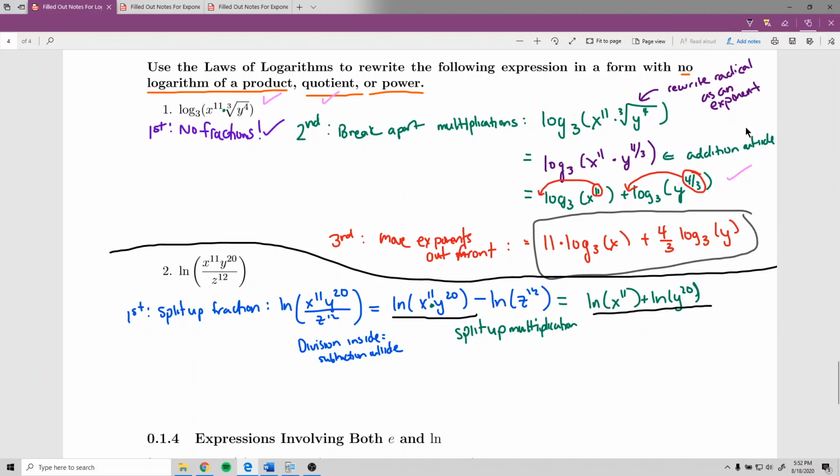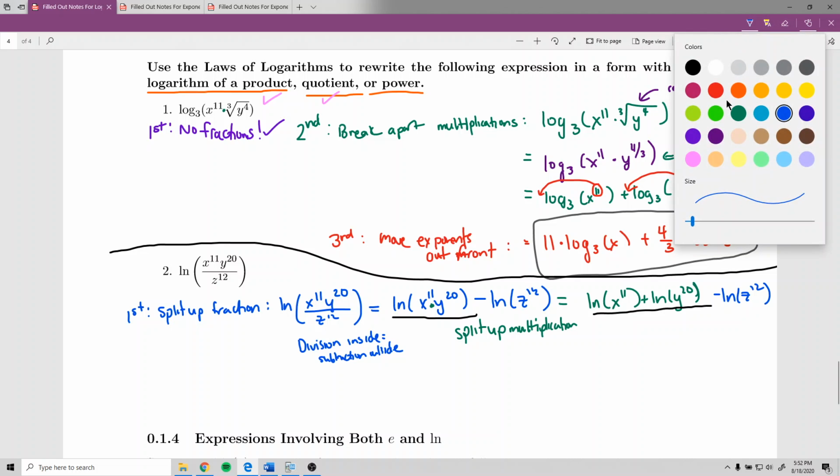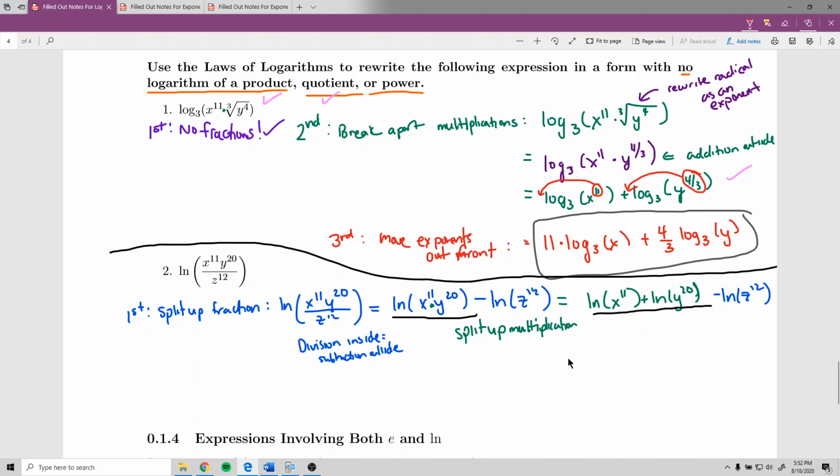And then in the second one, the natural log of z to the 12th is no multiplications. So that is it. And then the last and final thing to do, we notice we have no more multiplications anywhere. We have no more divisions inside. Now we can move the exponents out front.